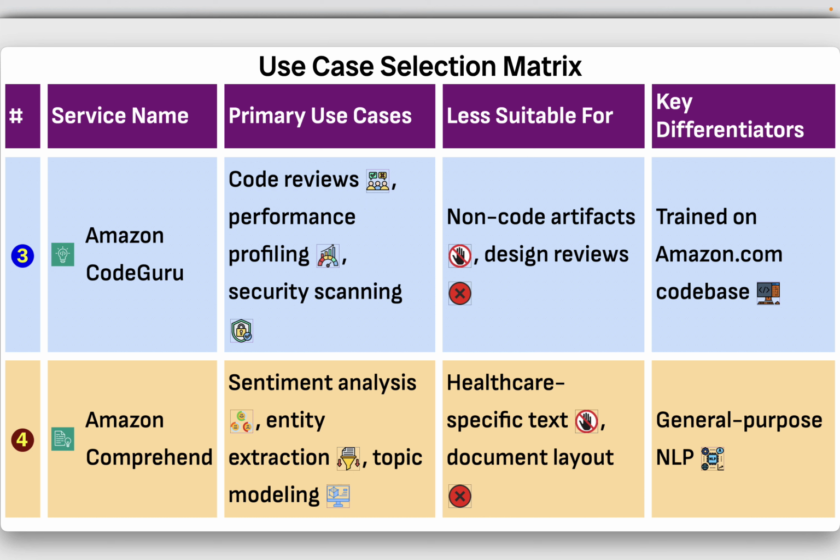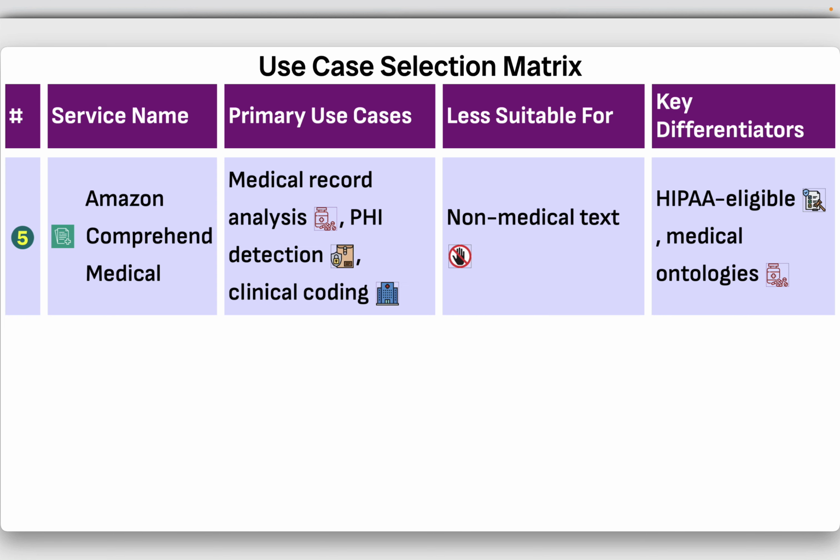Next, we have Amazon Comprehend. Primary use cases are sentiment analysis, entity extraction, and topic modeling, but it is less suitable for healthcare-specific text or document layout. Key differentiators are it's a general purpose natural language processing service. Next, we have Amazon Comprehend Medical.